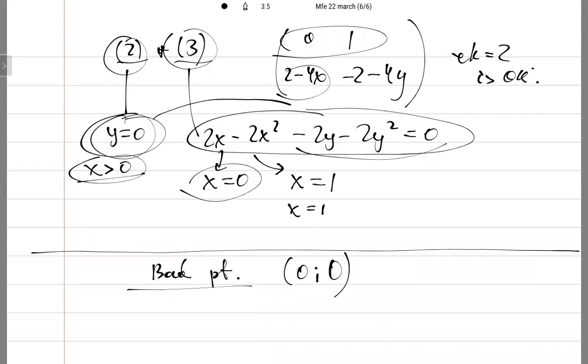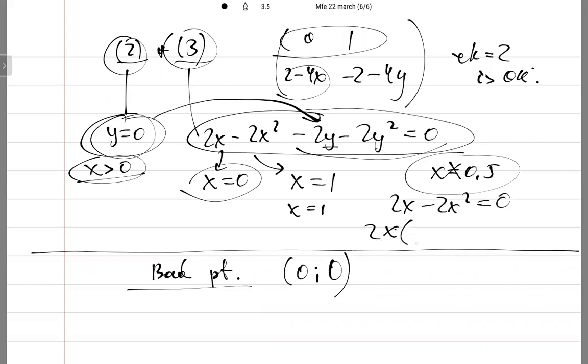If you put 0 here, you have no solution as x equal to 0.5, just plug in. So if you have 0 here, you have 2x minus 2x squared is 0. 2x times (1 minus x) is 0.